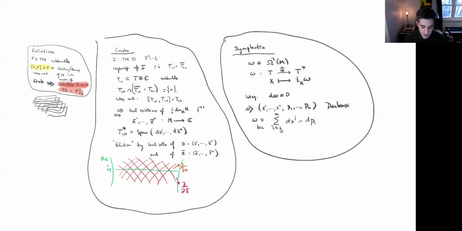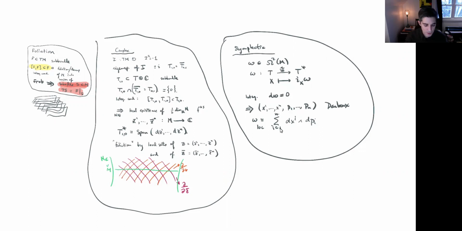And I think that in truth, when Kähler was working on complex manifolds and Kähler metrics, he was taking a lot of inspiration from manifolds with foliations like this.